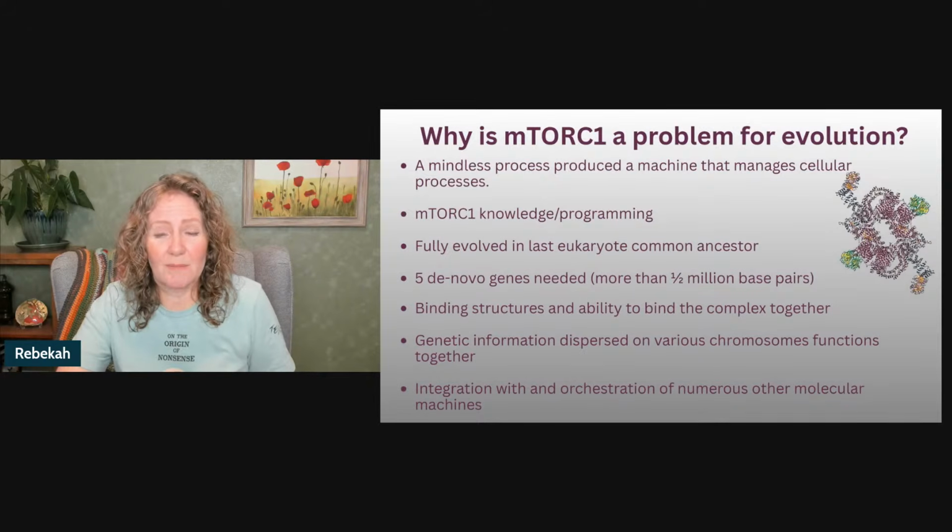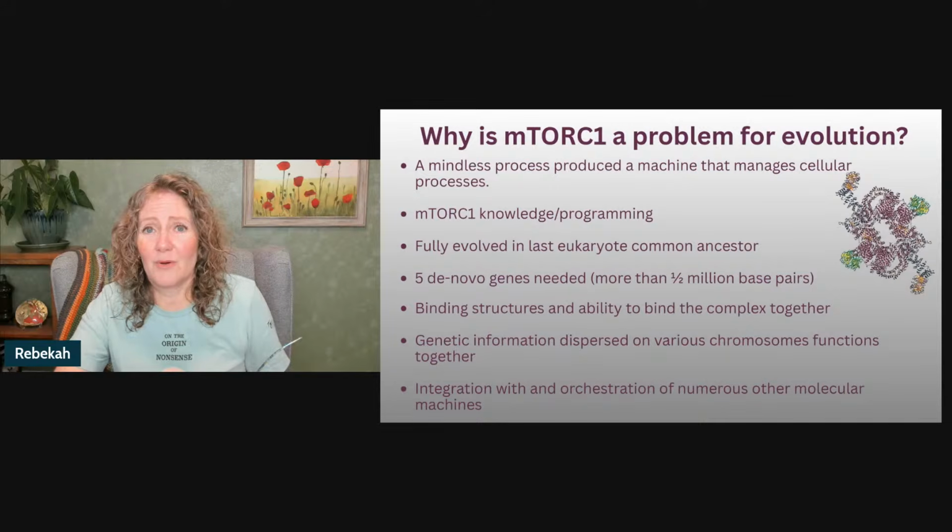It has somehow obtained the knowledge and the programming, or knowledge/programming, in order to be able to do that. How does that happen? Where does that come from? Fully evolved in the last eukaryotic common ancestor, meaning we see no evolution of it. It was always there. So we have no clue how this could have come about.